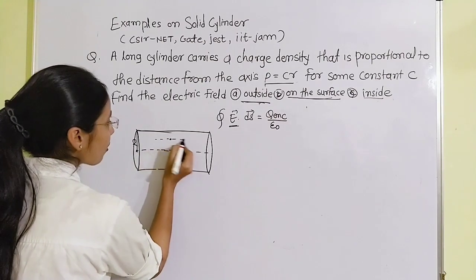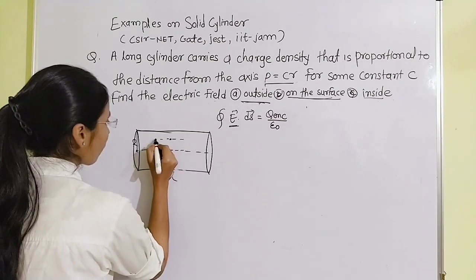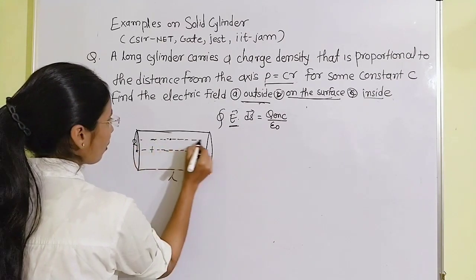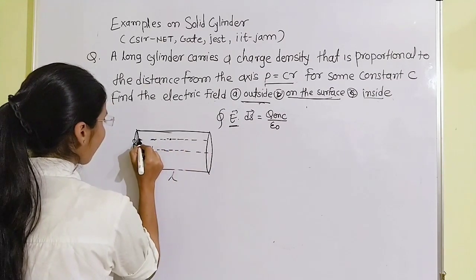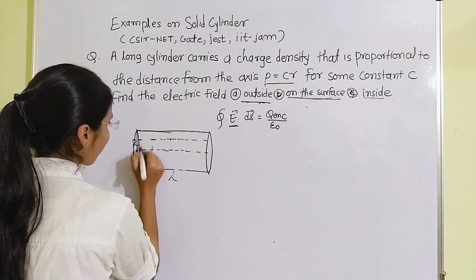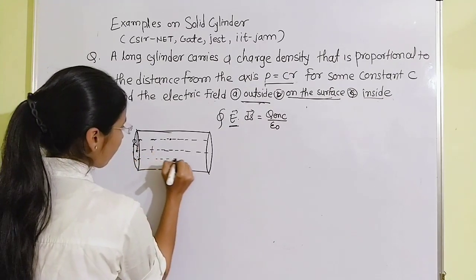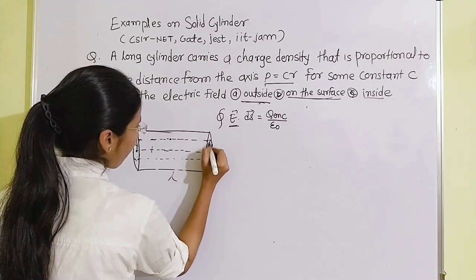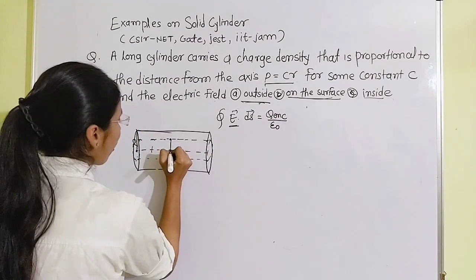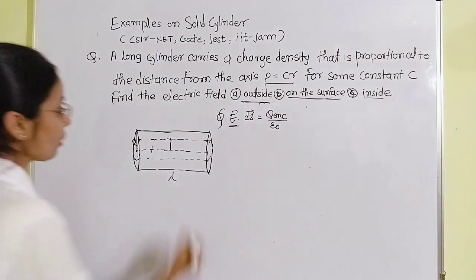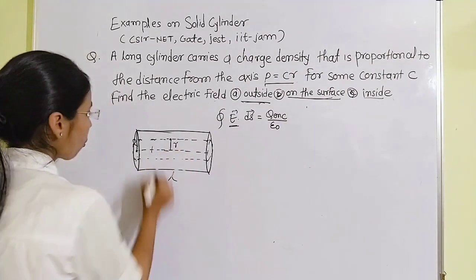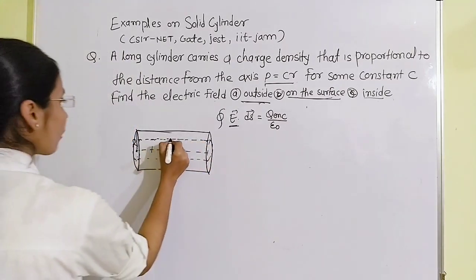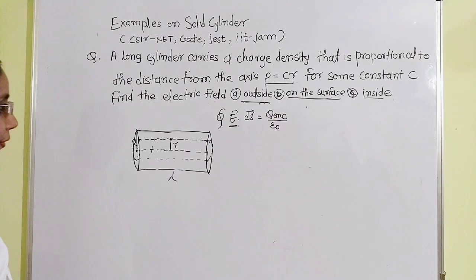So we draw the Gaussian surface here. This is our Gaussian surface, and this distance is small r. At this point we have to find the electric field.